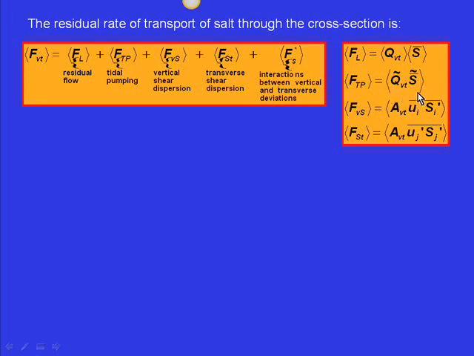So you can see here, these are variations with respect to the temporal mean only. So these are tidal variations of salinity and tidal variations of water. So notice that the temporal average is calculated from the product, not from the separate contribution of Q tilde and S tilde. It has to be Q tilde times S tilde averaged.